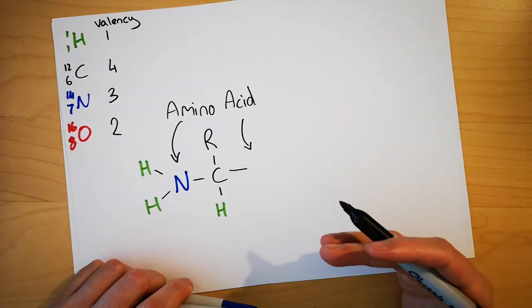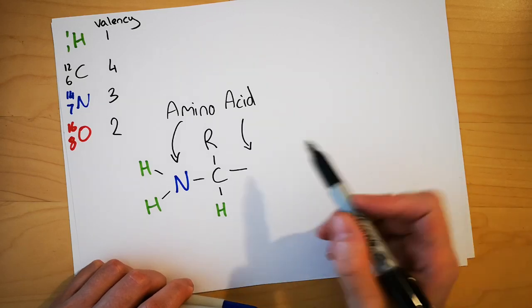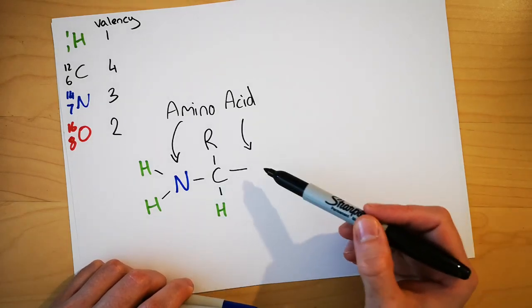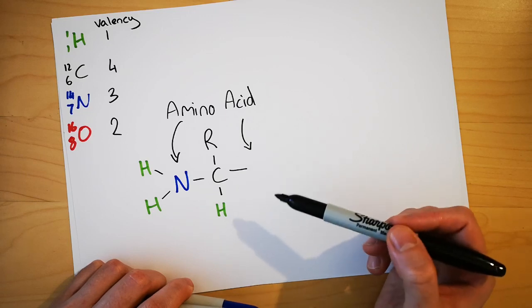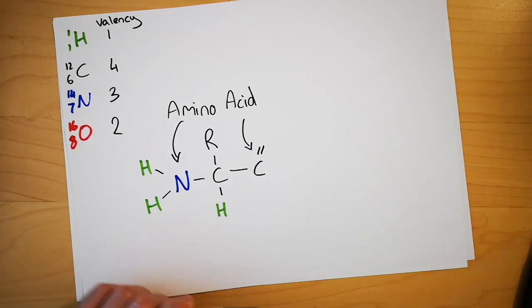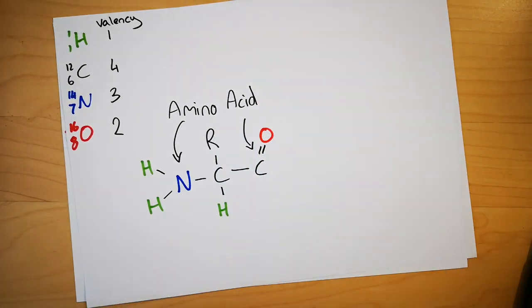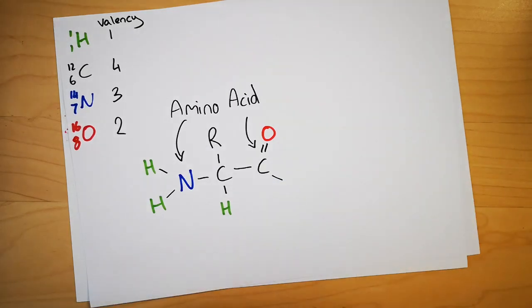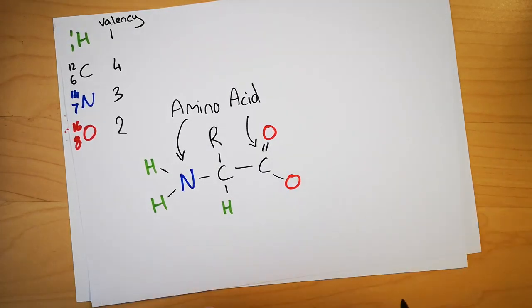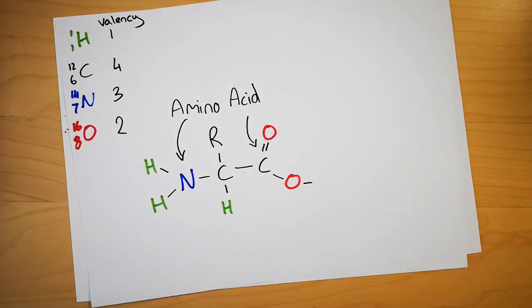Now the acid component to this is a carboxylic group, or a carboxyl group. That is found in things like vinegar, and it is just a carbon with a double bond to an oxygen, and another bond to another oxygen atom, and that oxygen atom has a hydrogen at the end of it.